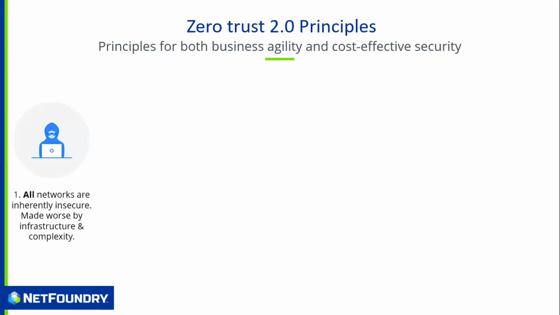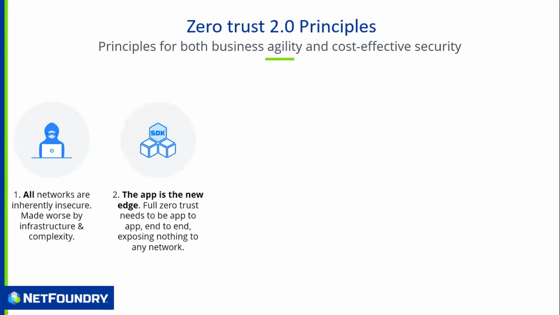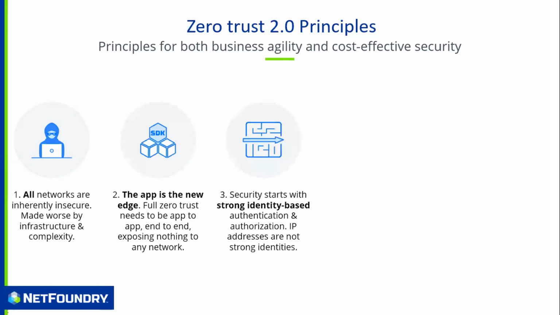Because networks are inherently insecure, based upon how the internet was traditionally built, that means you cannot trust things which have an internet-facing public IP, because those things can be brute forced or be exploited by a critical vulnerability or some other means. And therefore, what we want to do is to move zero trust as close to the application as possible, or potentially even in the application, have private zero trust connectivity inside the app with no exposure to the network.